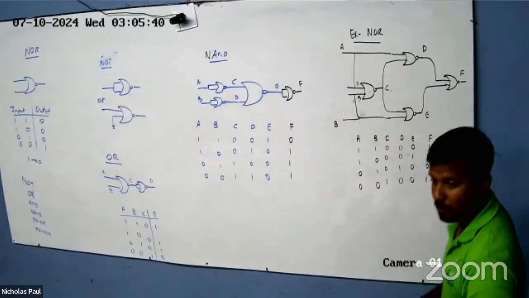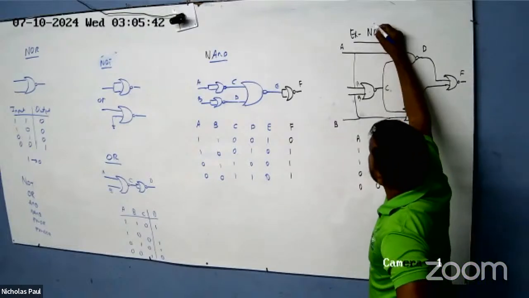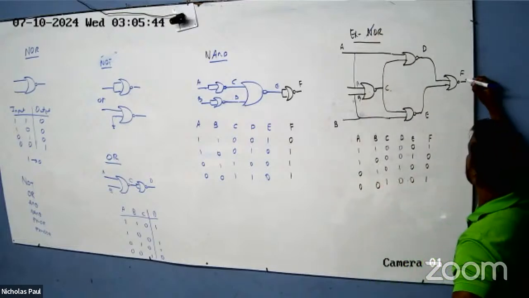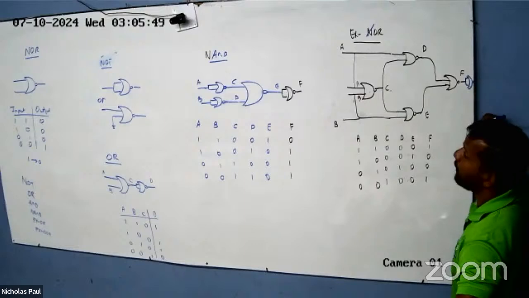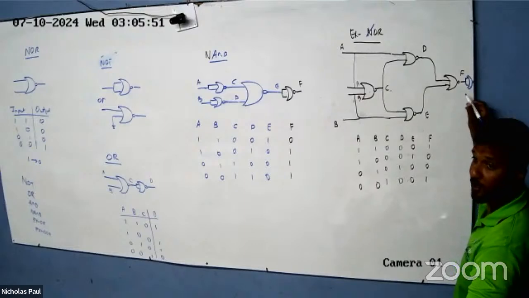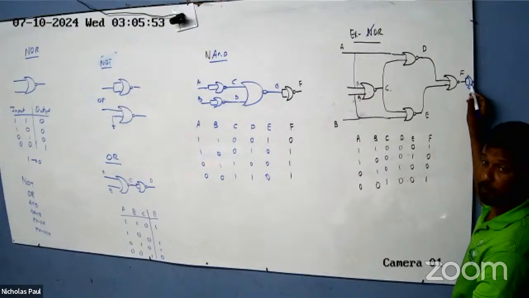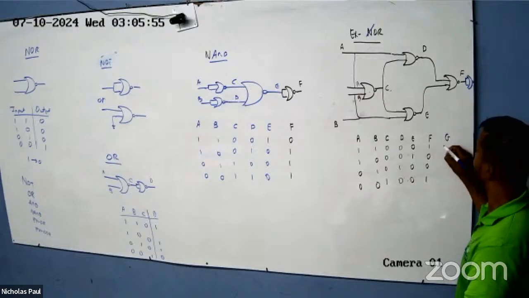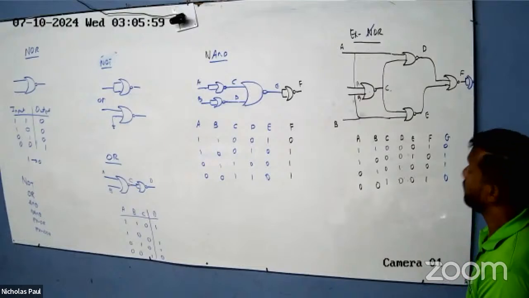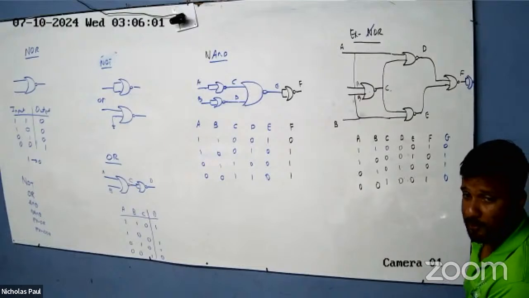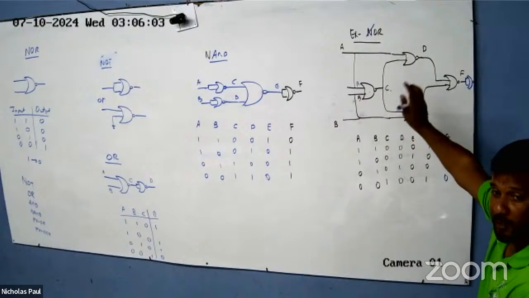Right? So if I wanted an XOR, all I have to do here is squeeze in a NOT gate here. And I will get 0, 1, 1, 0. Are you okay with that?